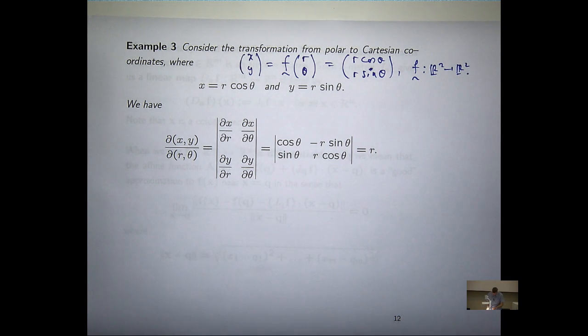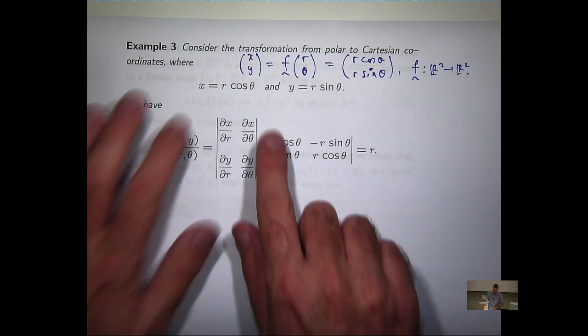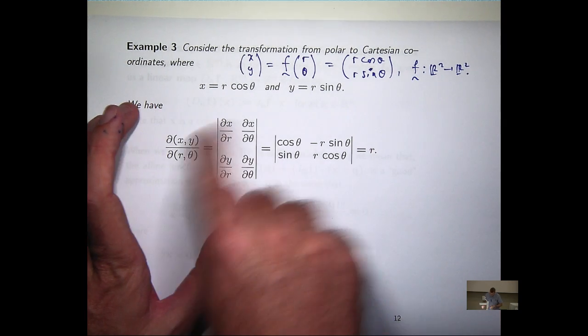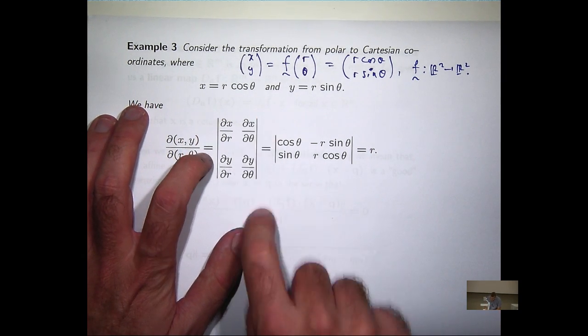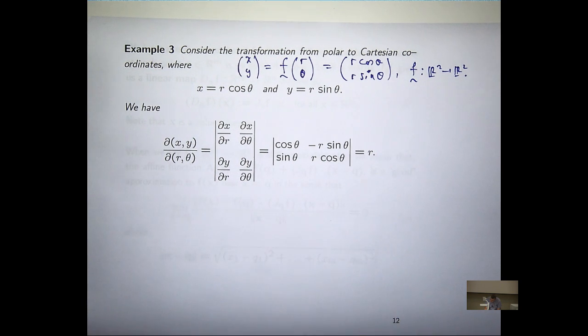Now, if we wanted to write down the Jacobian, well, you can do that. You just take out these determinant lines here.